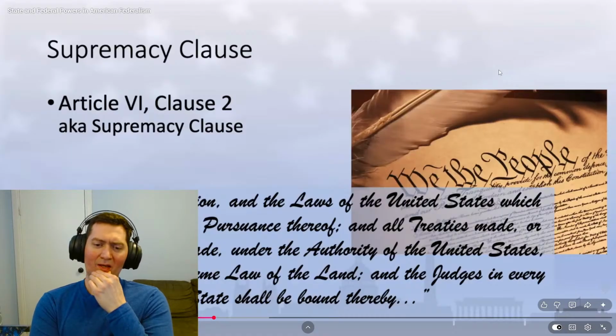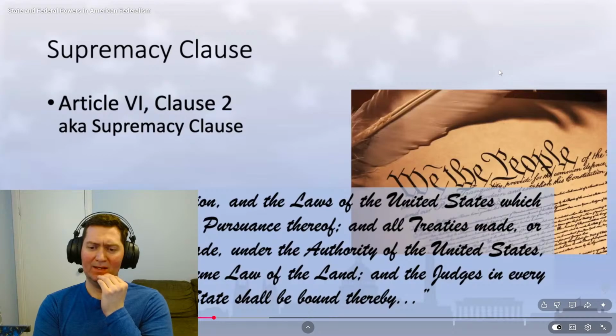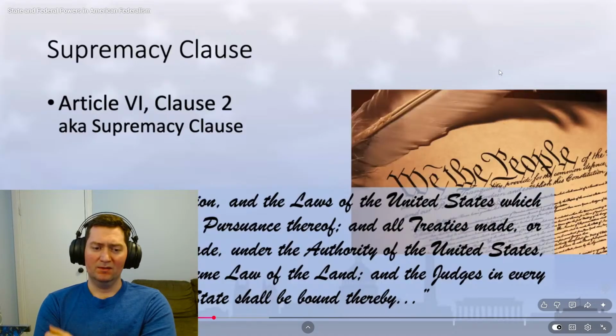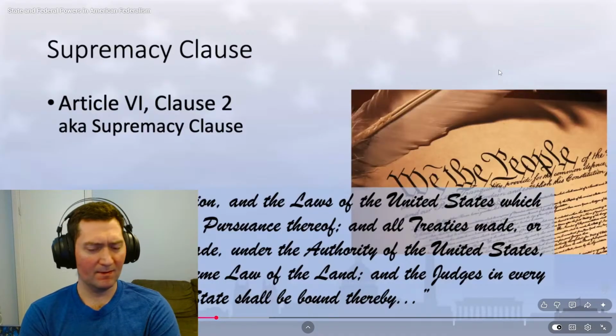Okay. So I think we've been seeing some of this play out in the US recently. But the federal law reigns supreme, emphasizing the authority of the federal government.